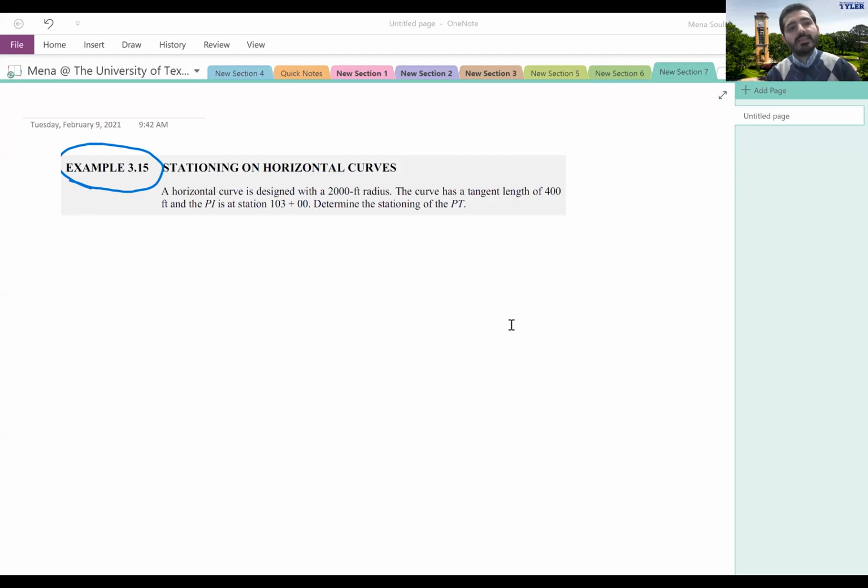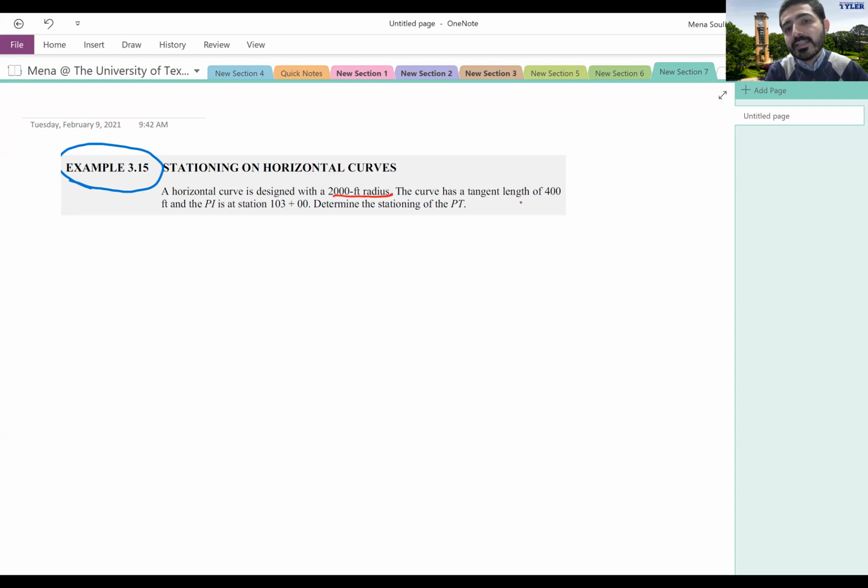All right, example 3.15, we're saying another horizontal curve is designed with a 2000 feet radius. So now, instead of the first example, 3.14, which was a design problem where I have the speed limit and the superelevation and need to design the radius of the curve, this is now an analysis problem where the radius is known, the 2000 feet radius.